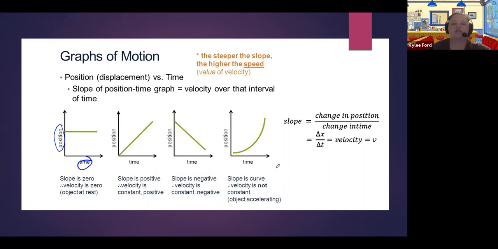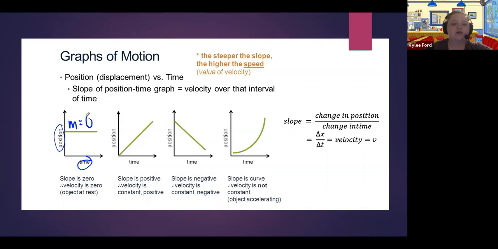Okay, on every single one of these. Now, as we look at these, we notice on this first one, our position is just at some constant value. It doesn't change with time. It is just a flat line. Okay, and hopefully you remember in algebra, that means that there is no slope. So our slope here is going to be 0.